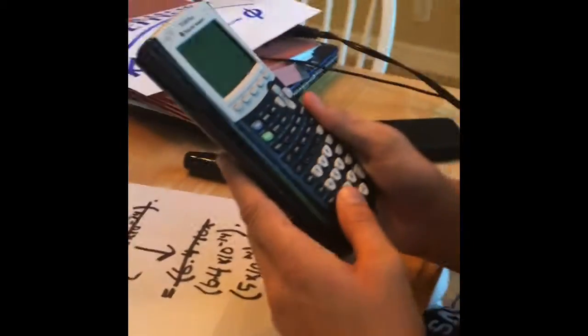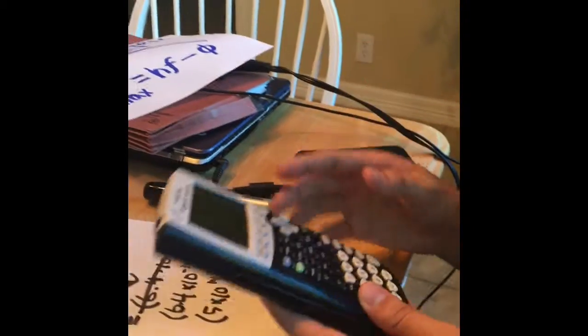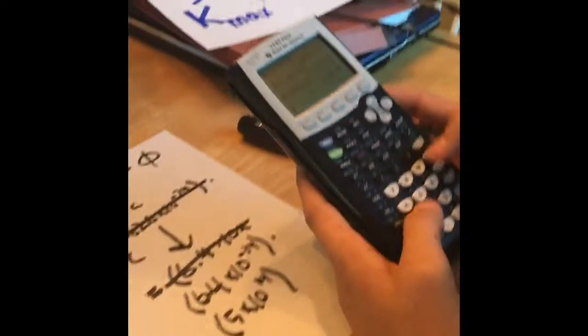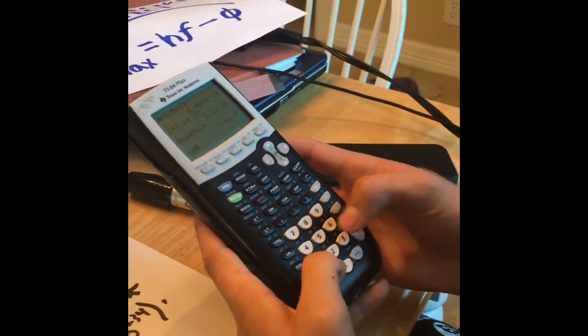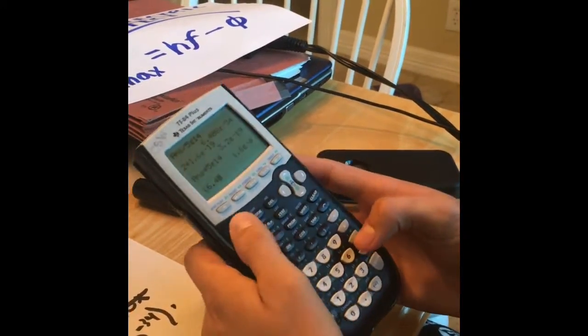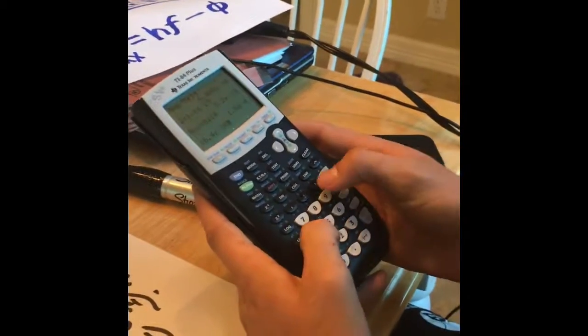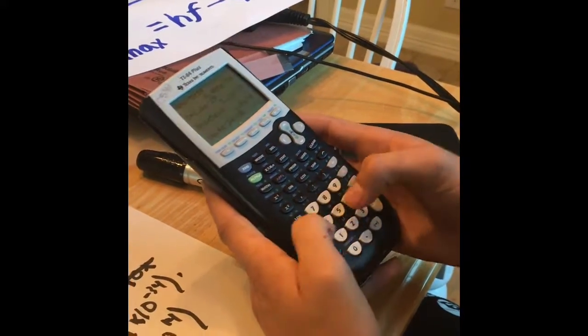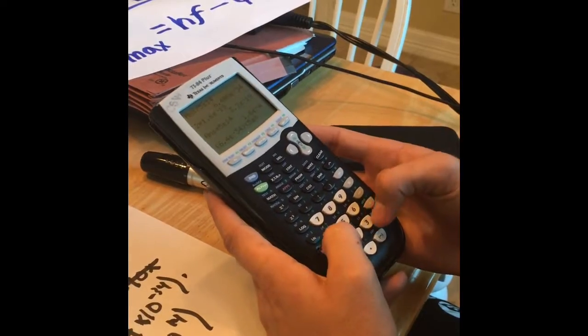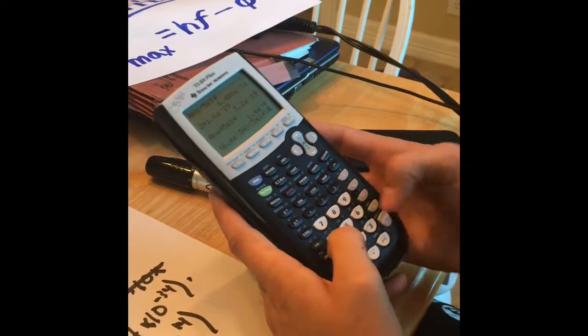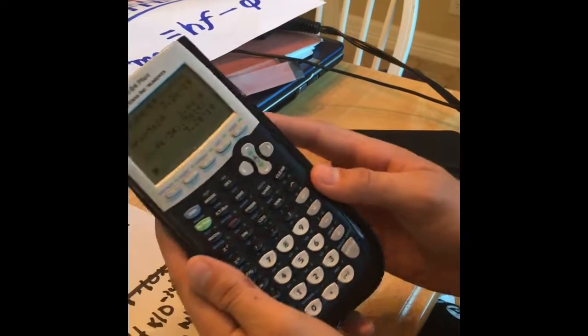All right, we're going to the calculator. It's kind of hard to see with these dark shade goggles. Parentheses, 6.4 E to the negative 34, parentheses, times 5 E 14. That's going to be 3.2 times 10 to the negative 19.